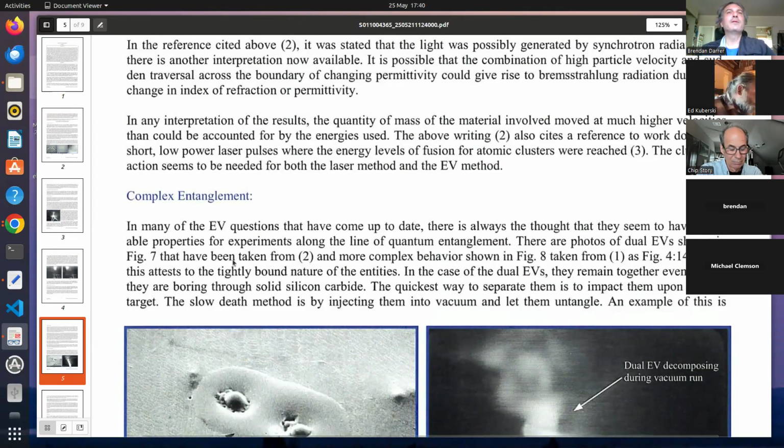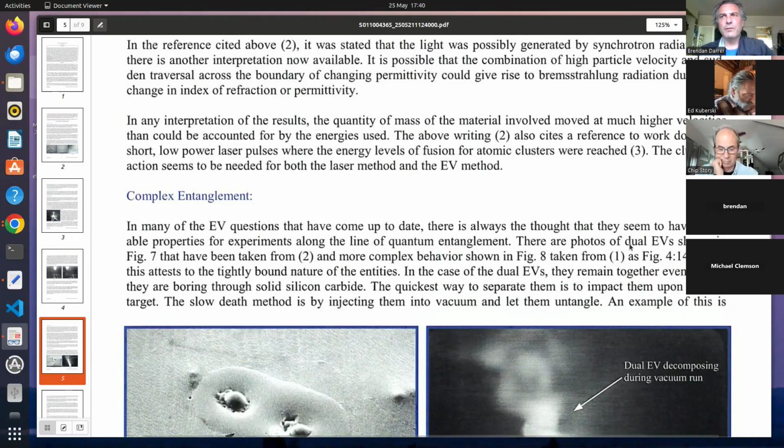Okay. So I'm going to start now. Complex entanglement. In many of the EV questions that have come up to date, there is always the thought that they seem to have desirable properties for experiments along the line of quantum entanglement.